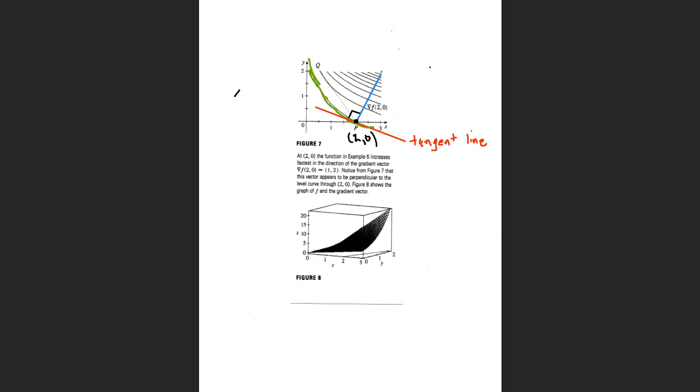The angle between that tangent line and the gradient vector is 90 degrees. It's orthogonal.